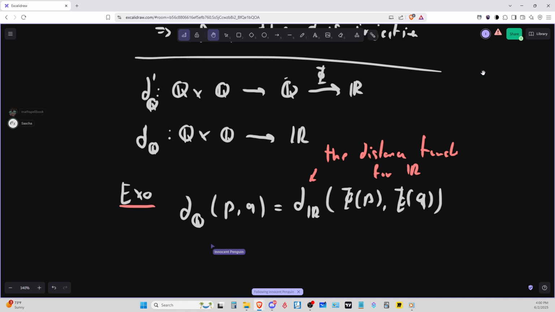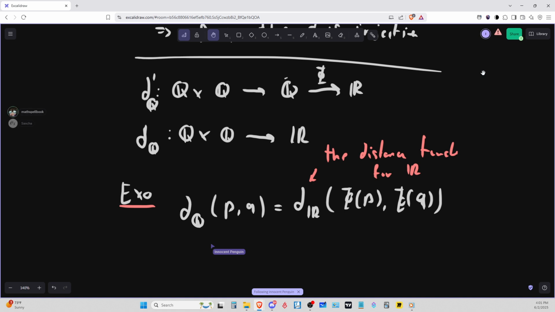But this basically says that whether you're measuring your rational number inside of the rational numbers, or instead inside of the real numbers with the embedding that I just described, you will still get the same result. Both distances give you the same thing.